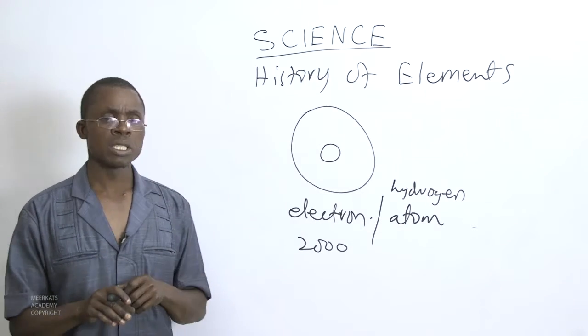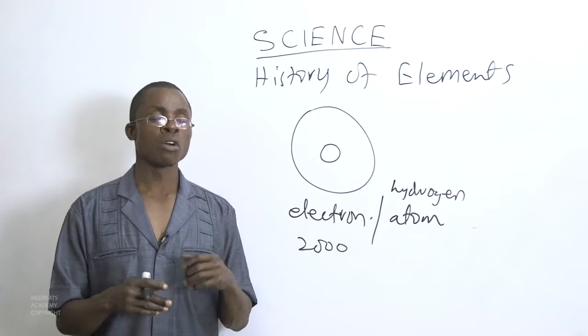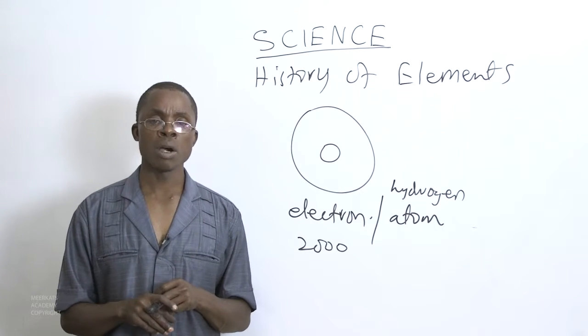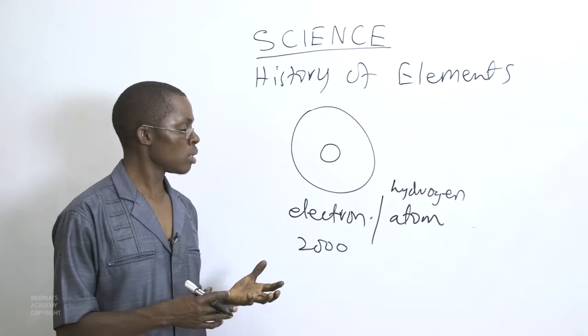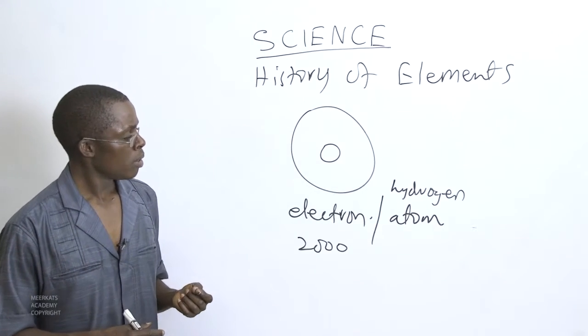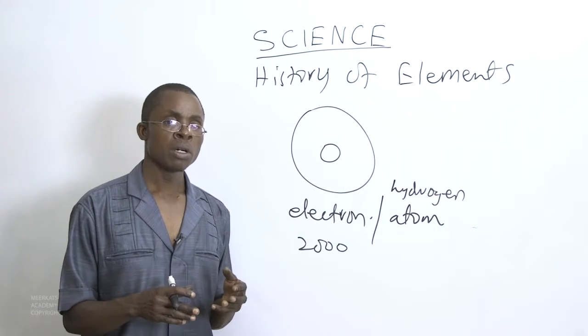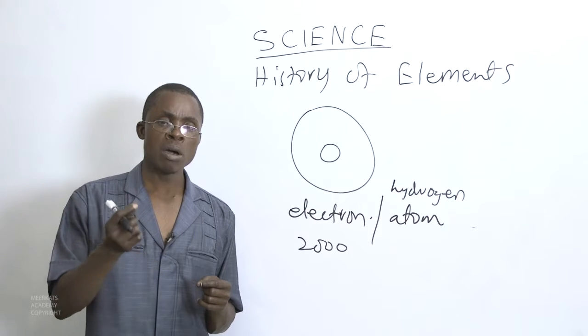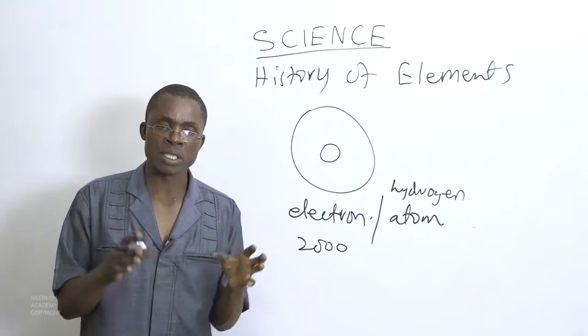Because of all this, as we have said, trial and development, other scientists now picked from there. They really wanted to see. An atom was the smallest indivisible particle, but now it was coming out that it also has parts.